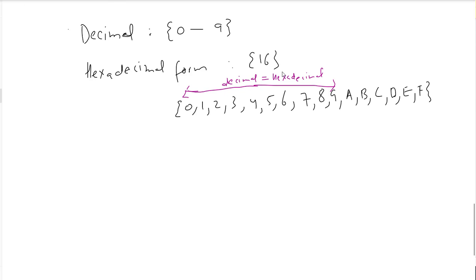However, from here onwards, we have a difference. Here, this stands for 10, this stands for 11, this stands for 12, this stands for 13, this stands for 14, and this stands for 15.